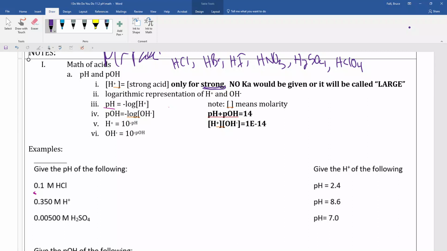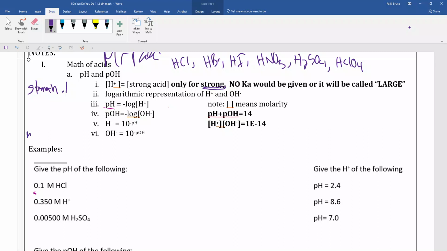No Ka would be given, or if K was given, it would be called large, and we'll do Ka next time. We're going to give a logarithmic representation of H+ and OH-. What's weird about pH, and you know pH measures acidity, is you learned today in class that stomach acid has a pH of 1. That's 0.1 molar.